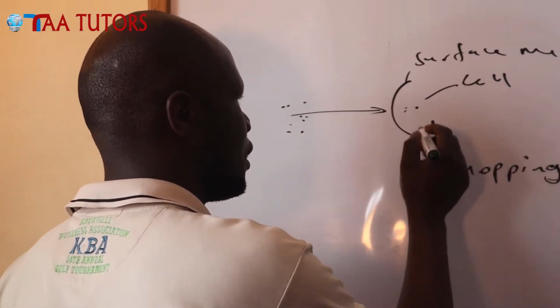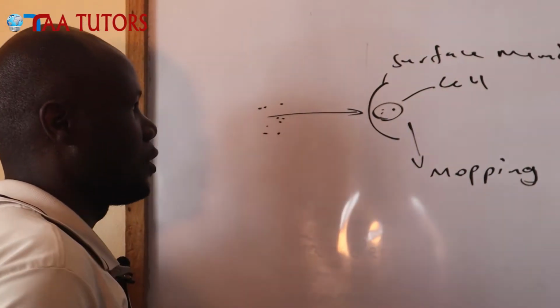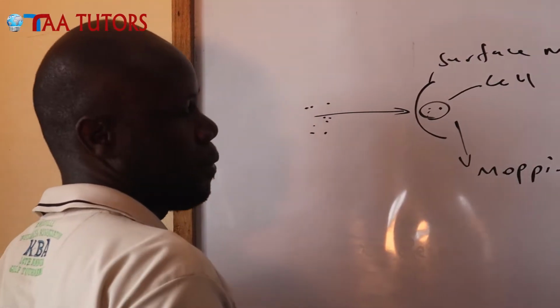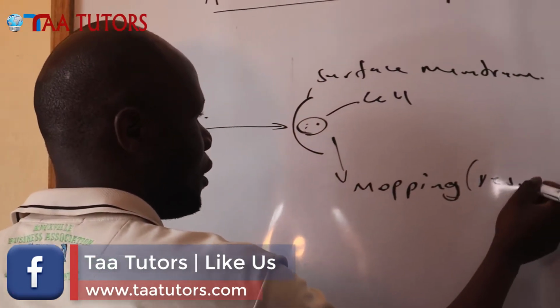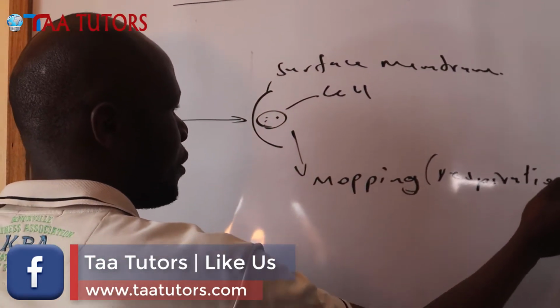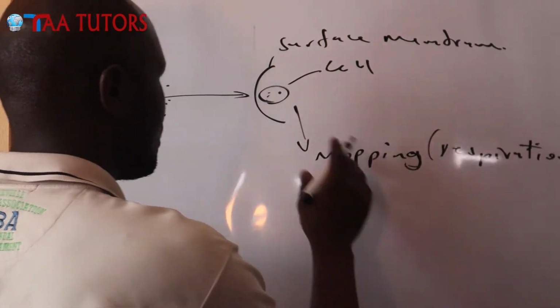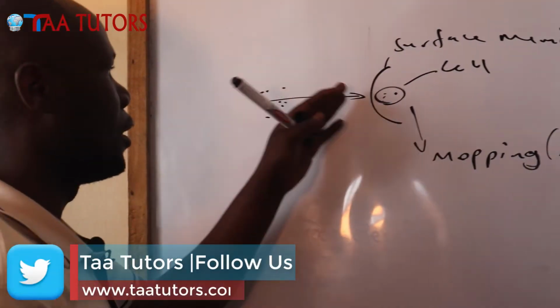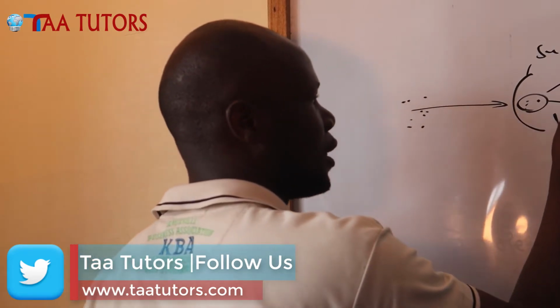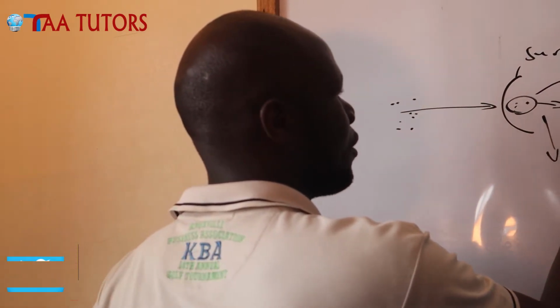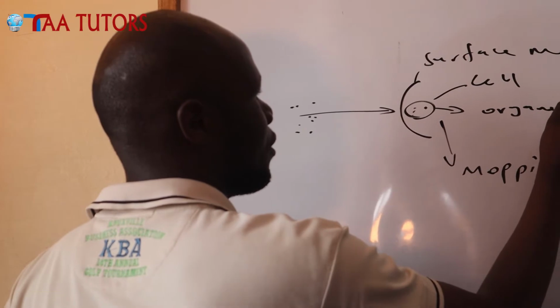That means that this molecule has to be used up by the cell through the process that we can call respiration, for example, or a chemical process that uses it up to make sure that the gradient is maintained. Or they can be seen being taken into the organelles, assuming that this is an organelle.